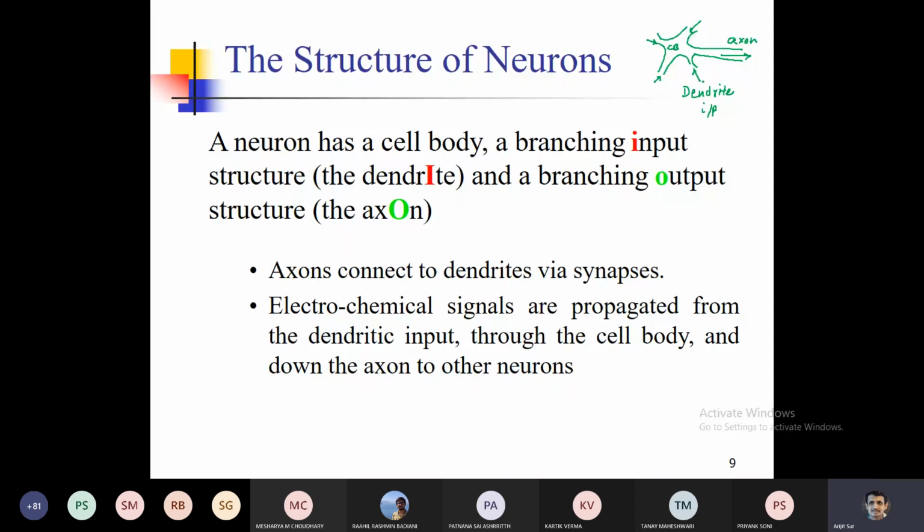Now this is how an axon connects to a particular cell. This is the output, and this is some input.